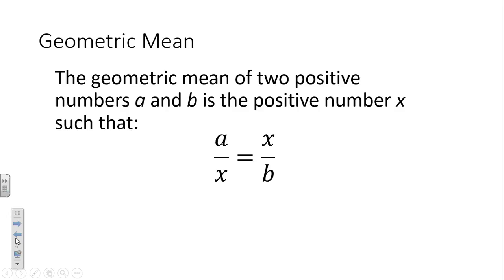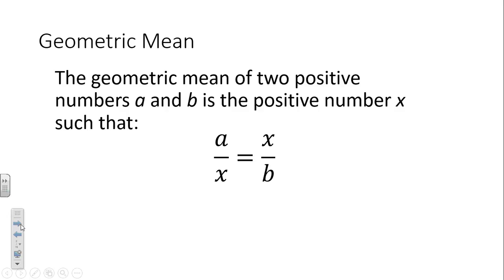So if x is the geometric mean and we want to find it, we simply make the a and the b, the 2 numbers that we're finding the geometric mean of, be on the diagonal of each other in 2 fractions. And we put the x on the other diagonal in both places. So a over x equals x over b. So far so good? Okay, now let's put some numbers in place.